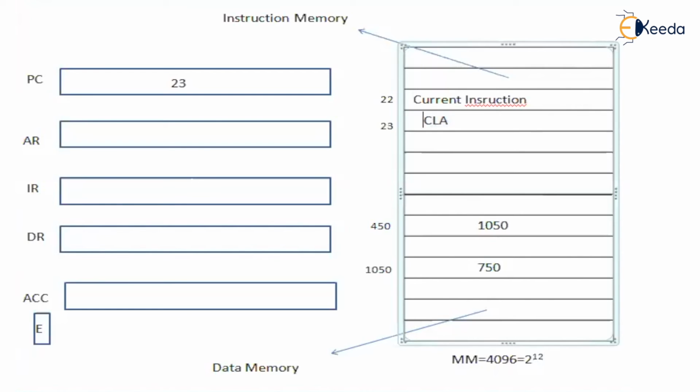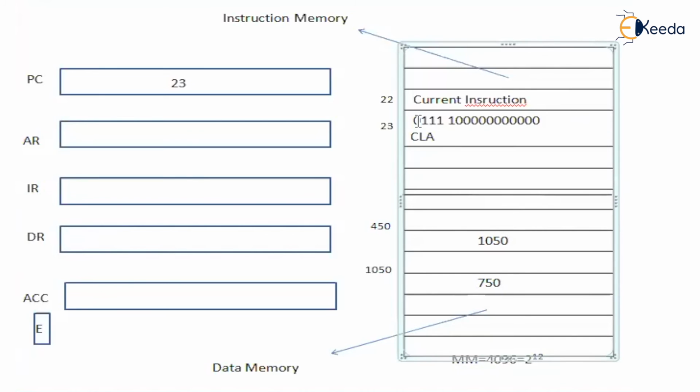This clear accumulator does not have any address at all. Is the operand being provided explicitly to this instruction? No. CLA is a complete opcode. If you remember, CLA is a 16-bit instruction, starting with 0111, followed by 1000, 0000, completely an opcode.